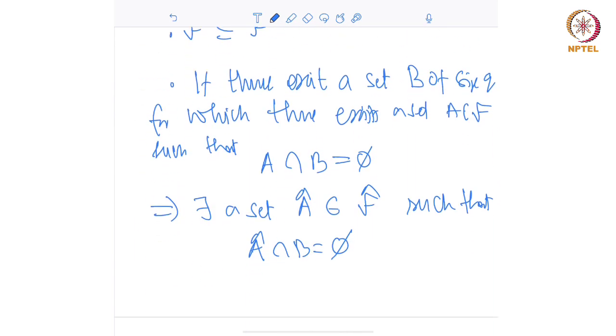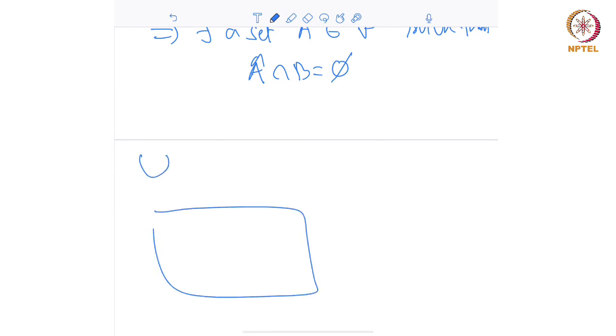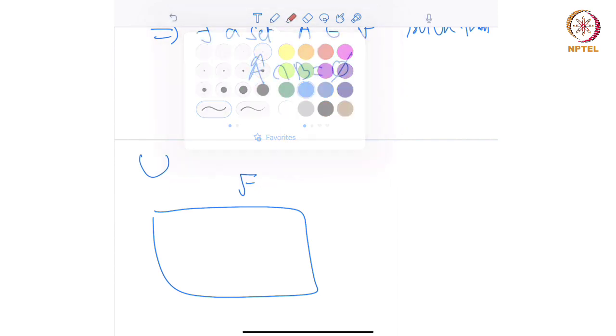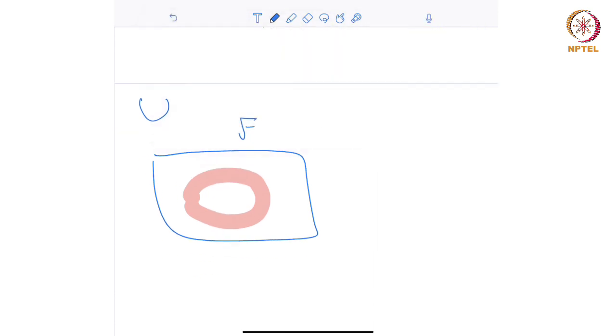So let's try to understand what happens. Here is your universe, and suppose this is your family F. What you want to achieve is a smaller subfamily F hat which preserves disjointness.